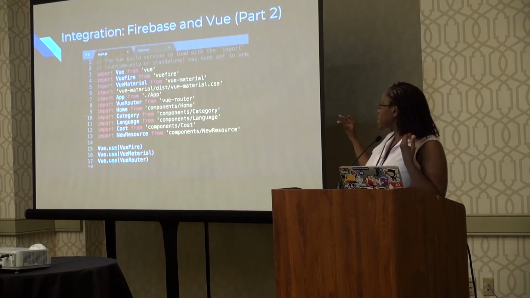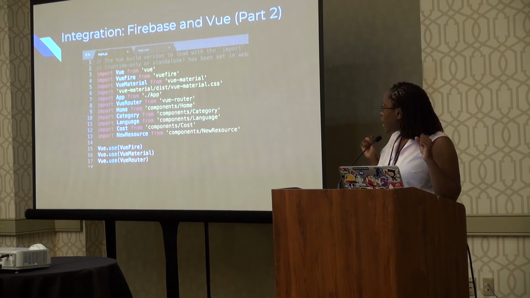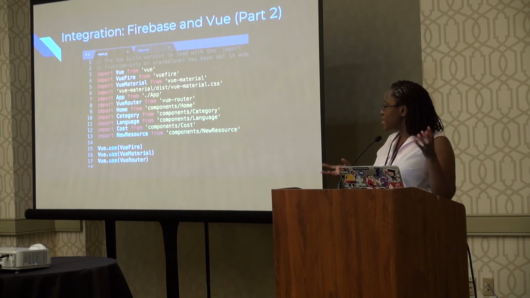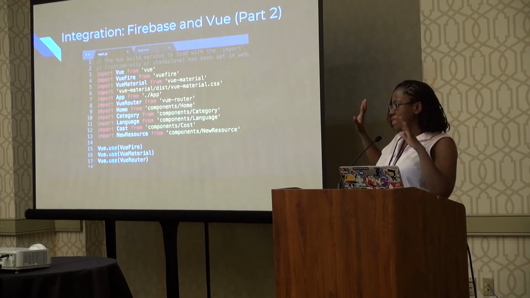In addition to importing those, which is very Vue specific, I also had to import kind of an integration tool called Modifier. It's a little similar to AngularFire in that it makes it easier for you to implement Firebase within your Vue app. So I had to import that library, as well as some other stuff, Vue material, but I'll discuss that later.